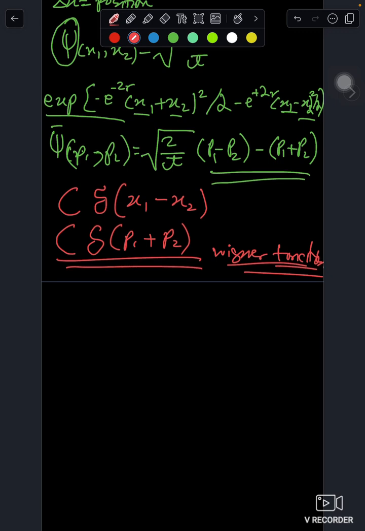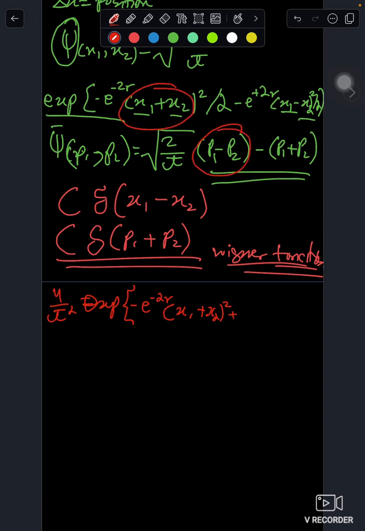Okay, if I want to write it in the Wigner function, what will I write? 4 over pi squared of the exponential of minus e to the power minus 2r of (x1 plus x2) squared plus, so first this one and then this one, (p1 minus p2) squared.